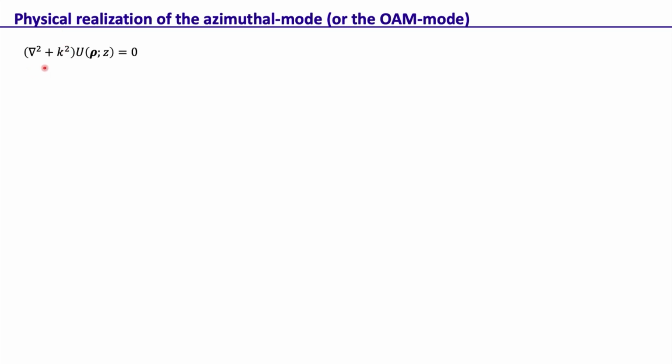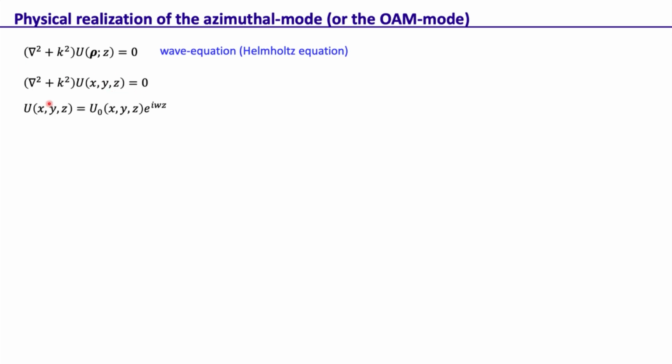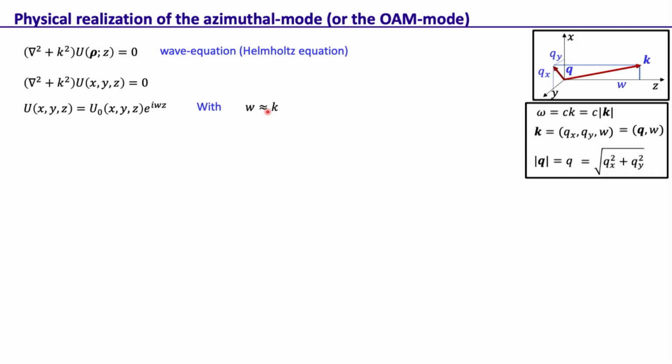Okay, so now we go back to the Helmholtz equation that U rho Z satisfies. If we write this Helmholtz equation, the wave equation, in Cartesian coordinates, it is del squared plus k squared acting on U x y z. That's the Helmholtz equation. Now in the paraxial regime, which we defined last time, omega is almost equal to k, that means k is much larger than this Q. And then we also assume the Z dependence of this U x y z, the field at the monochromatic frequency, is of this form.